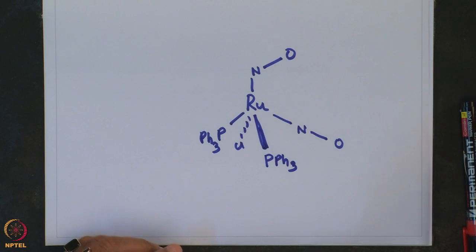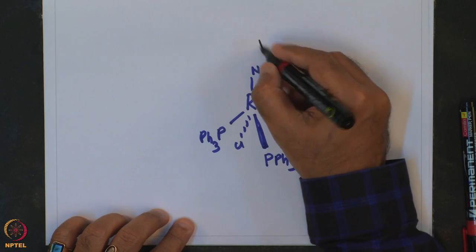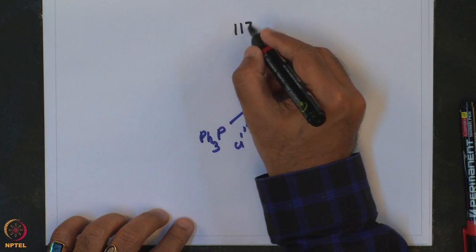So, the NO bond as expected is around 117 picometer.